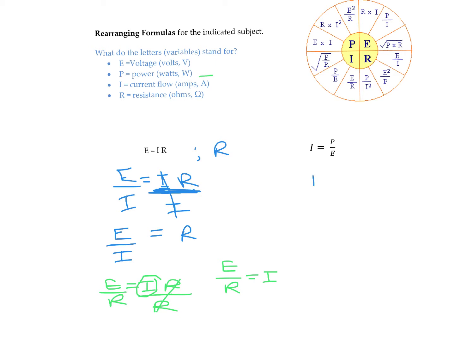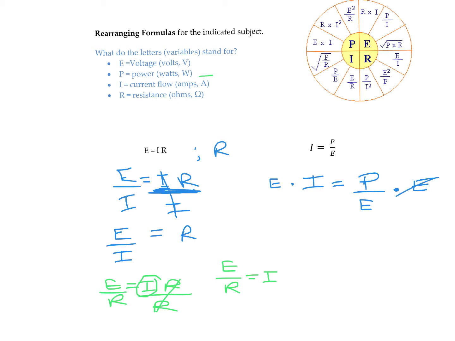So I'm going to rewrite the formula, and I'm going to tell you how we're going to solve this for P. If we solve for P, the very first thing we want to do is to get rid of the bottom of the fraction. Right now, P is divided by E. The opposite of dividing is multiplying. If I multiply both sides by E, then we can get rid of the E on the bottom.